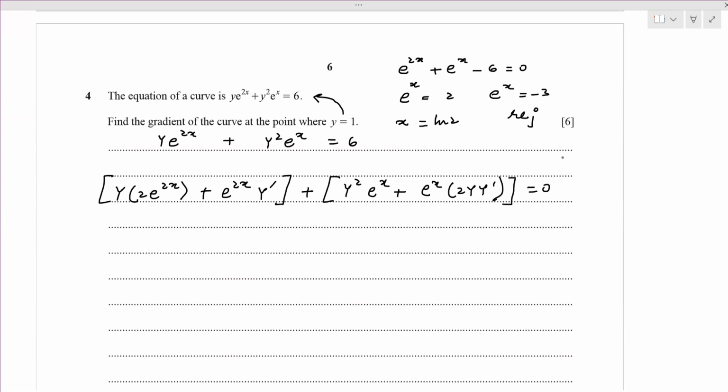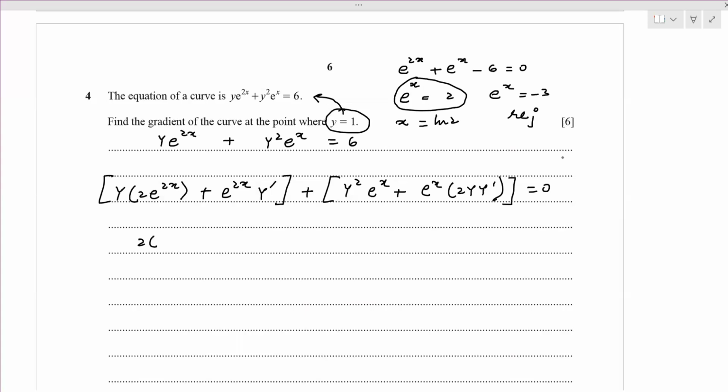So first of all, I'm replacing the values. In place of e power x, what will I put? 2. And in place of y, what will I put? 1. So now y is 1.